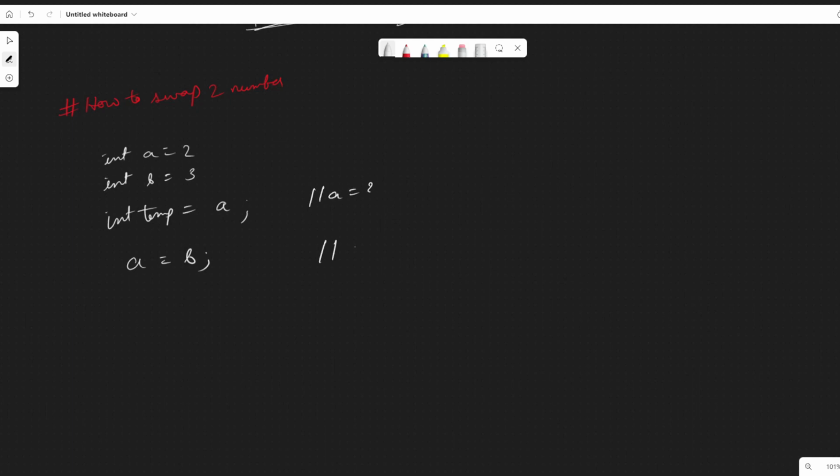Here a is equal to 2. Now a becomes 3, and temp becomes 2. So here b is equal to temp. So basically b is holding the value of 2, so b is equal to 2. Here we can see both the values are swapped.